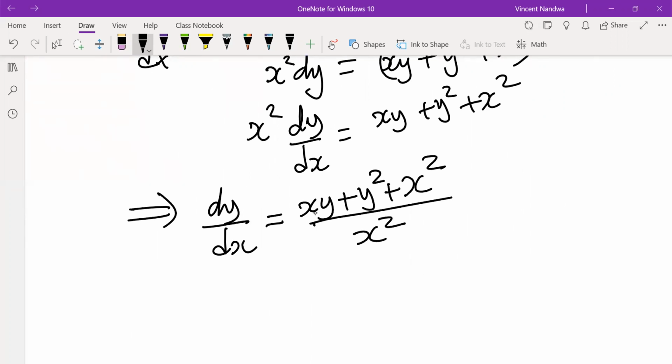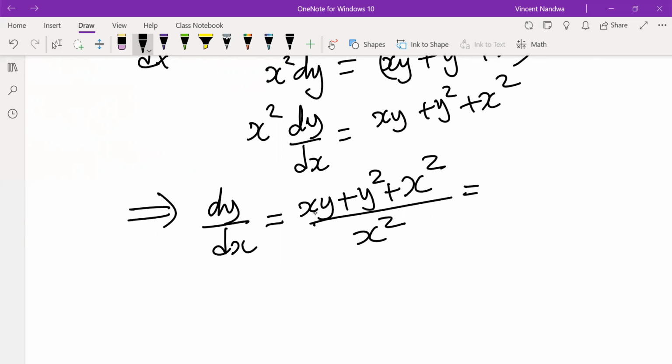Actually, a quick check on this right-hand side should tell you that both the numerator and denominator are homogeneous functions, because in the numerator, each term has degree 2, similar to the denominator.